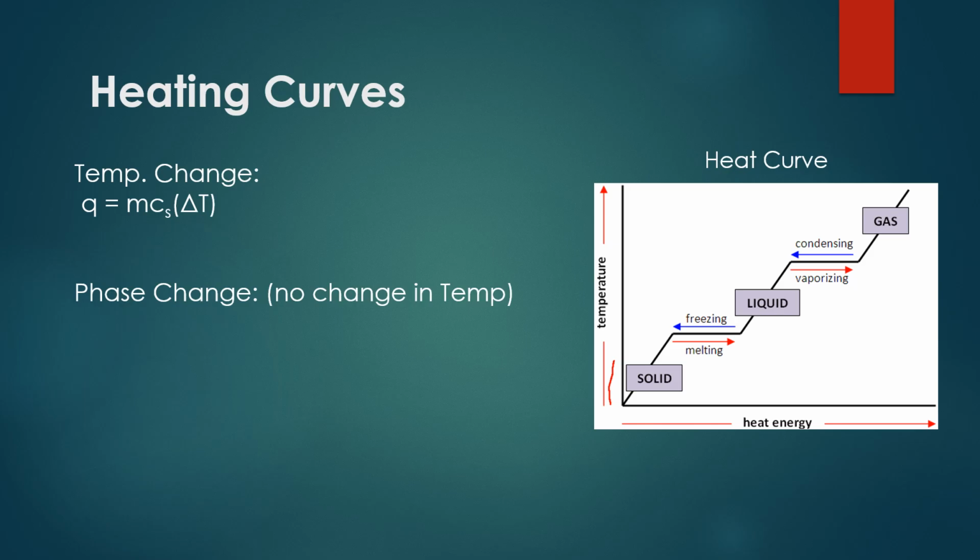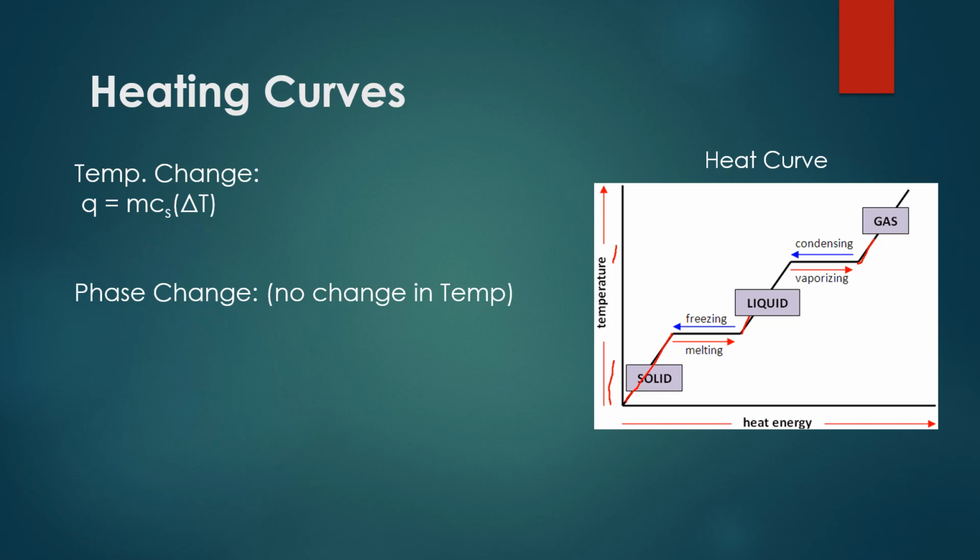By slanted lines, I'm talking about the ones that are going at a diagonal. So the one that's here going through solid, and then this next one's going through the liquid, and then this next one's going through a gas. Since those lines are slanted, it is indicating that the temperature is indeed changing. In this case, the temperature is going up.